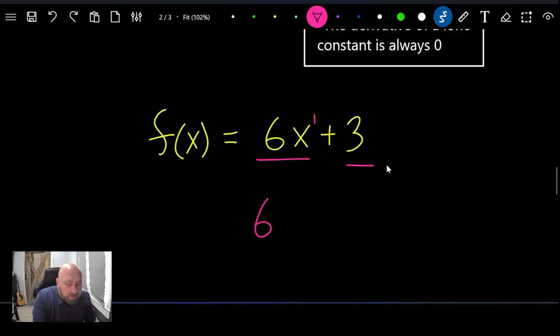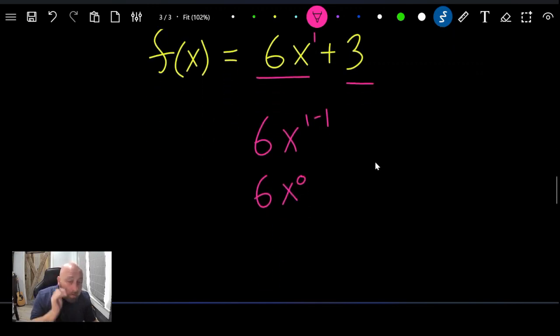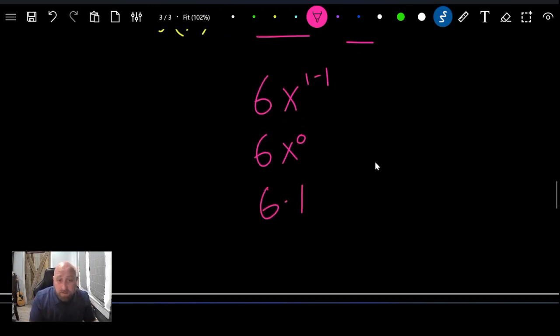So we would have 6x to the 1 minus 1. Well, what is that? This would be 6x to the 0 power, and what is x to the 0 power? Anything to the 0 power is 1, and then 6 times 1 is 6.